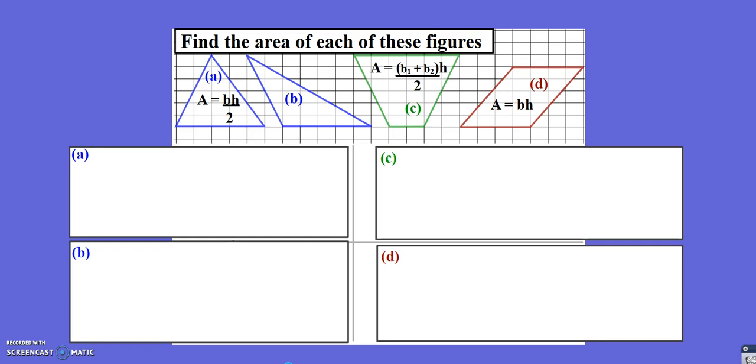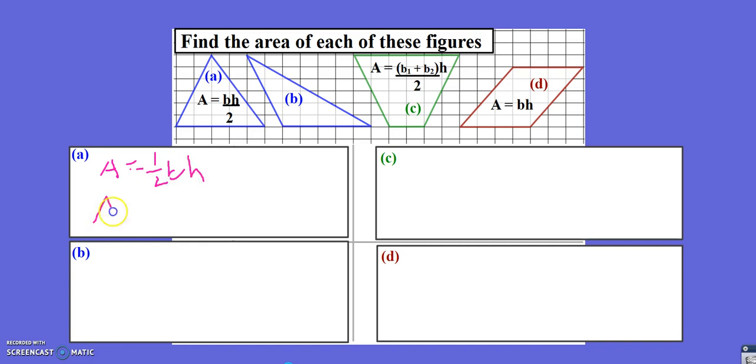So let's do a couple of problems to review what we were doing previously. So A, we can see, is the shape of a triangle. So we're going to use this area equals base times height divided by 2 formula. First we write our formula. A equals 1/2 base times height.